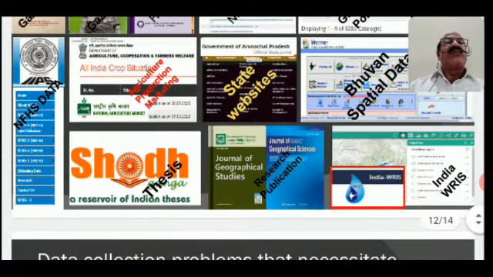Then Bhuvan is used for a lot of spatial data. Then Shodhganga theses give you secondary condensed data. Many people have worked on primary data and are presenting their work, so Shodhganga is one source.